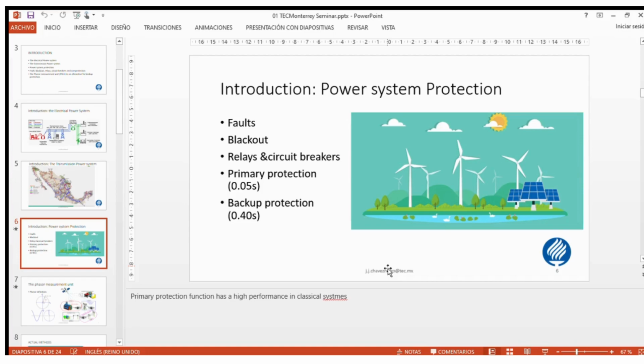The primary protection function most of the time works properly. It's a very accurate element. Maybe 99.98% of the time it works. During a fault, it works.